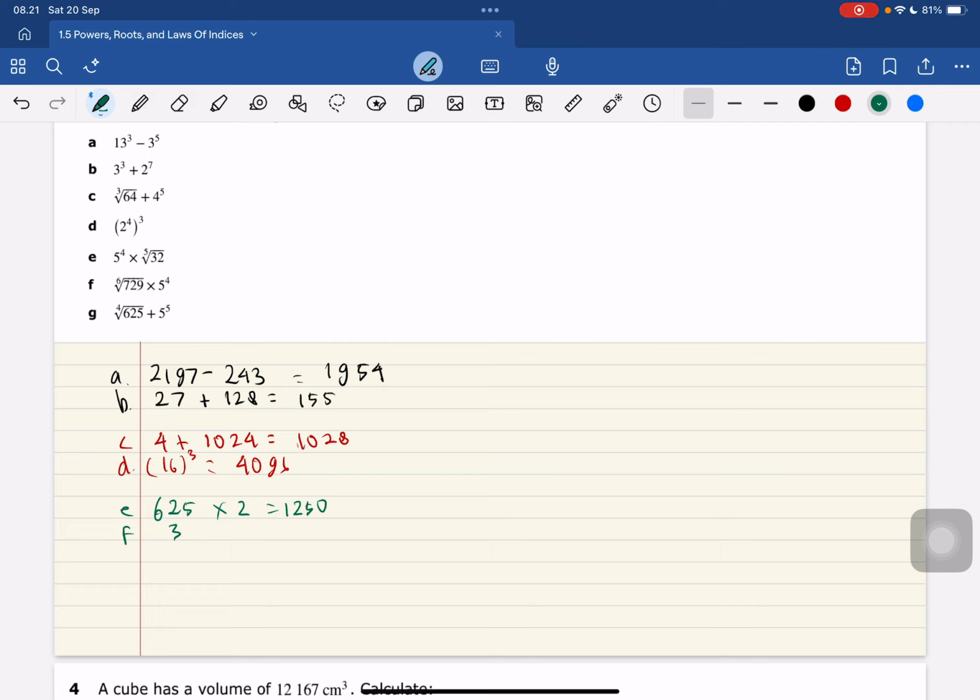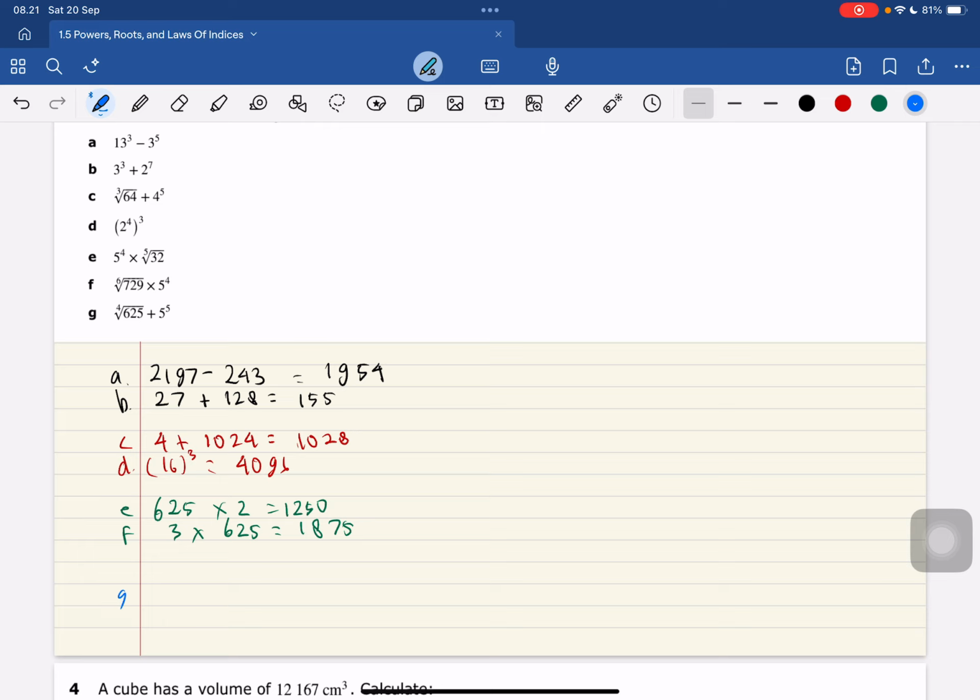Okay, next, multiply it with 5 power of 4, which is 625. So just 3 times 625 equals 1875. Last question, G. What number, if we multiply it by itself 4 times, is going to be 625?